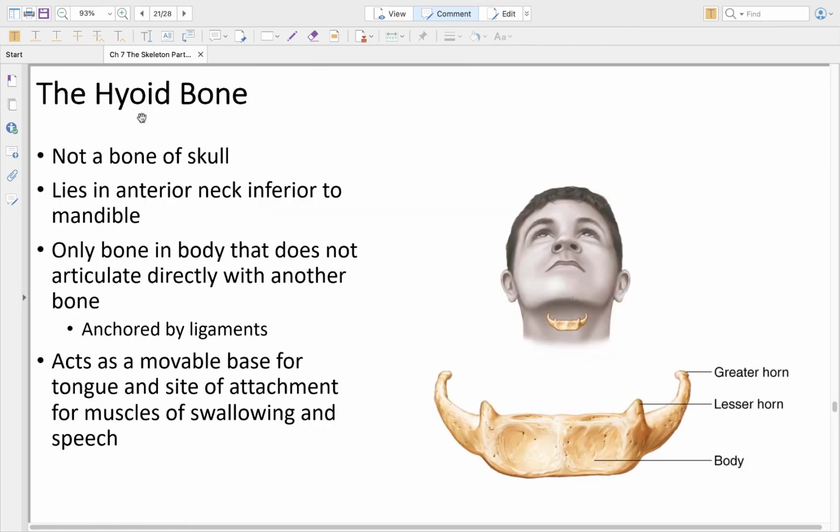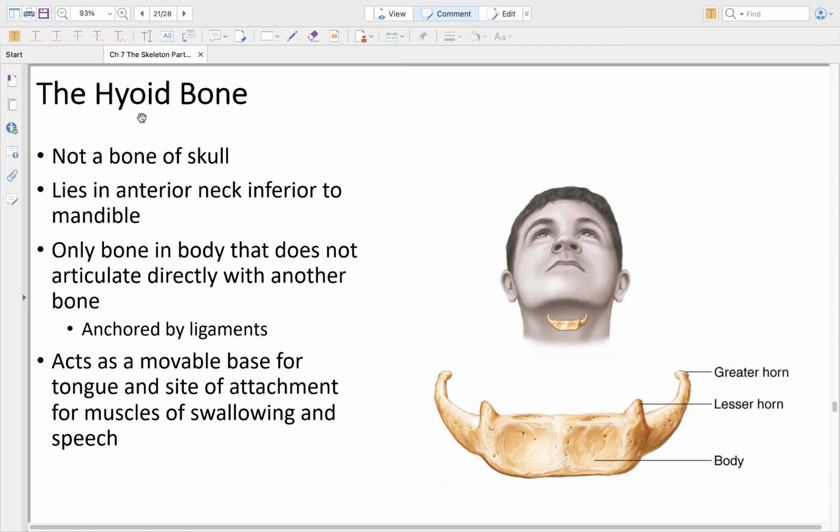Next bone we're going to discuss is called the hyoid bone. This bone is the only bone in the body that doesn't actually articulate with another bone, meaning that it doesn't connect or joint with another bone.